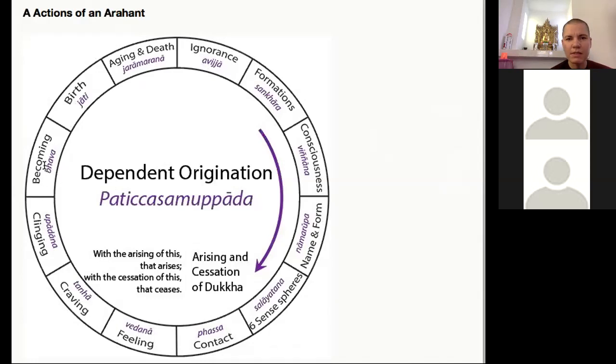So this is in simple lay terms. In a more, say, technical approach, we can say that the kusala brings wholesome result. Okay, but whenever we perform any action, we are not arahants.